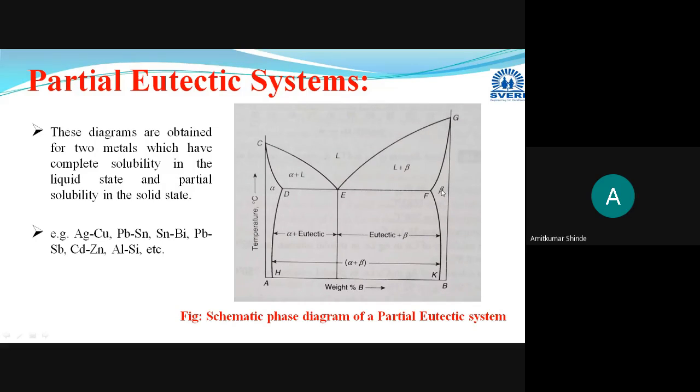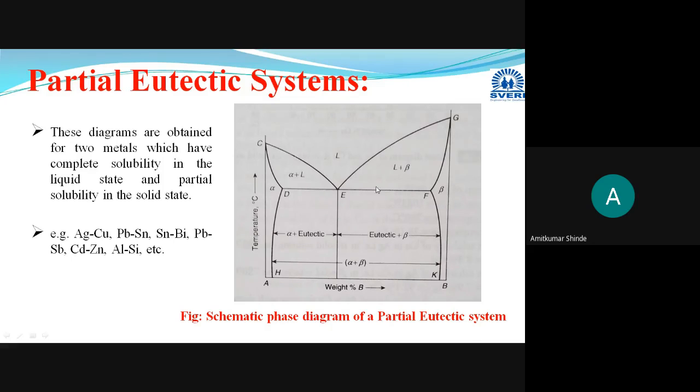And beta is the solid solution of element A in element B. Here B will act as the parent metal, so its percentage or amount will be more, and element A will act as the alloying element or solute. This solid solution will be termed as beta.